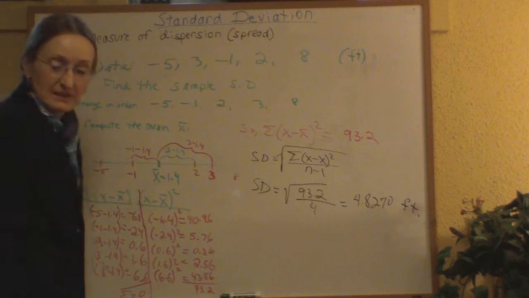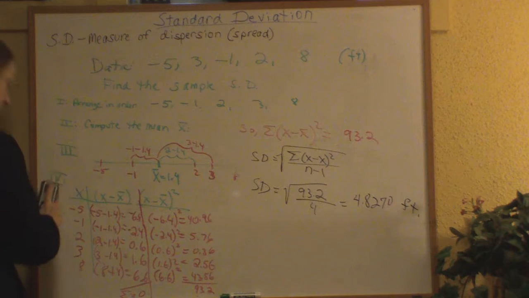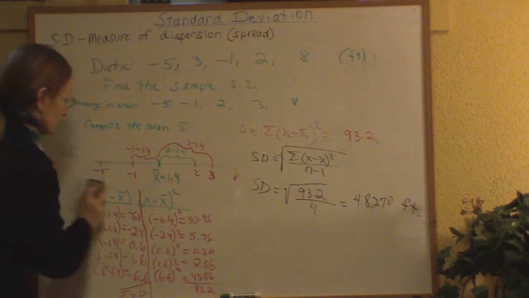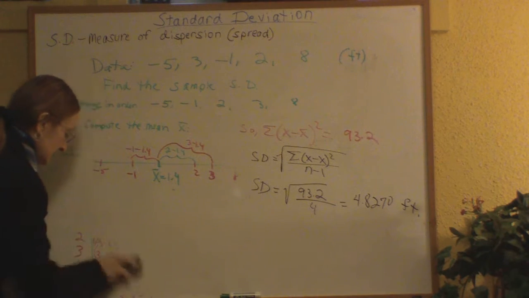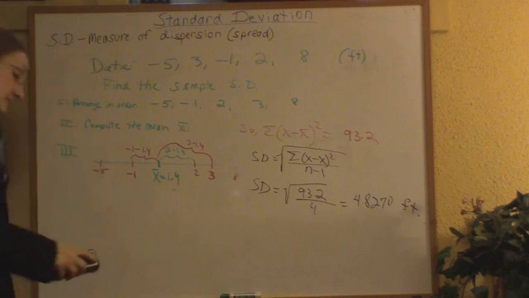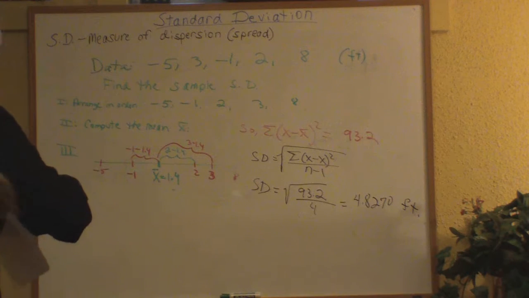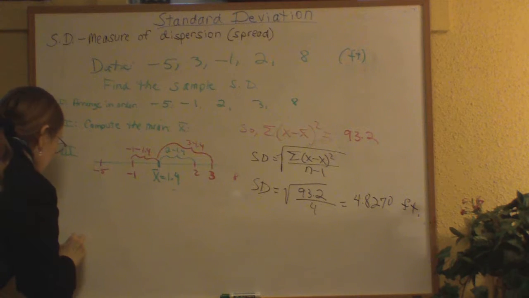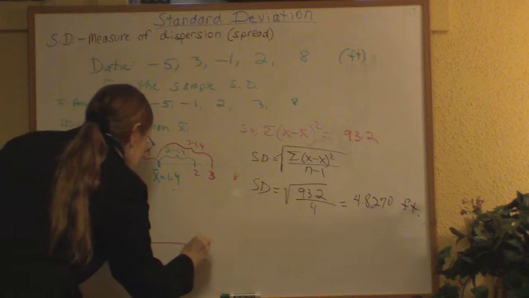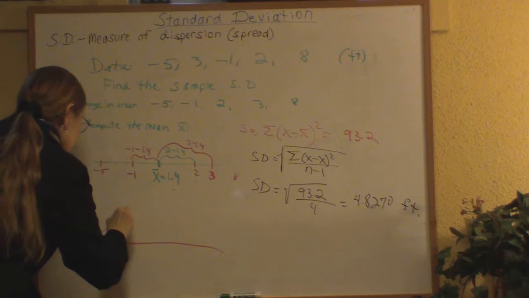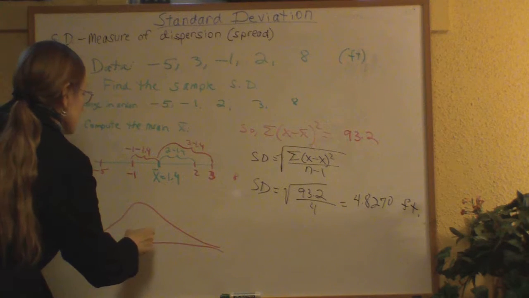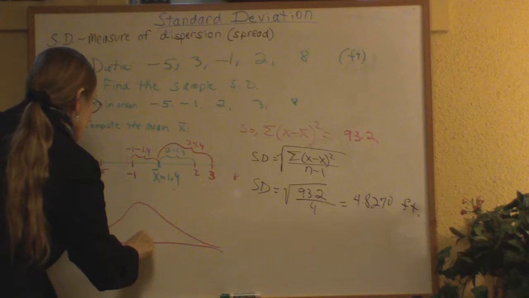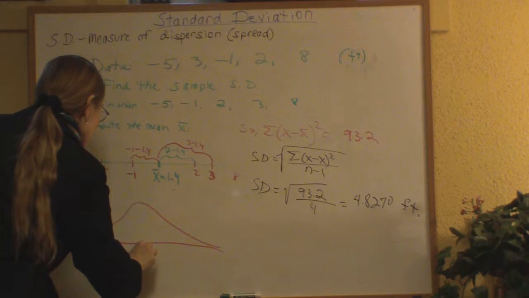So let's look at this data now on a number line once again. So I'm going to erase this. Now let's draw the bell-shaped curve. Okay, so here is our mean at 1.4.